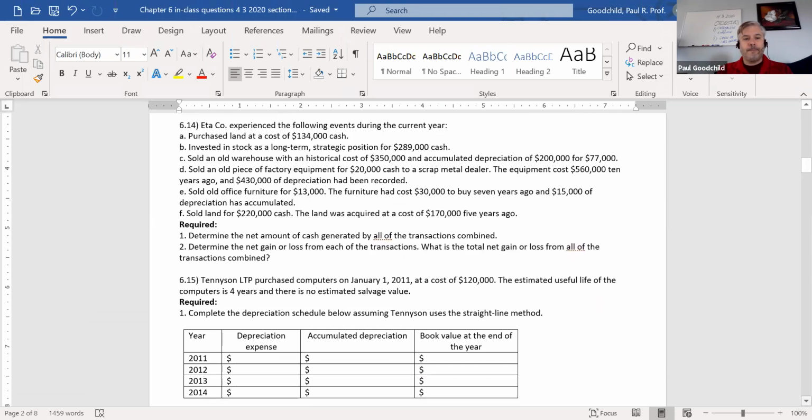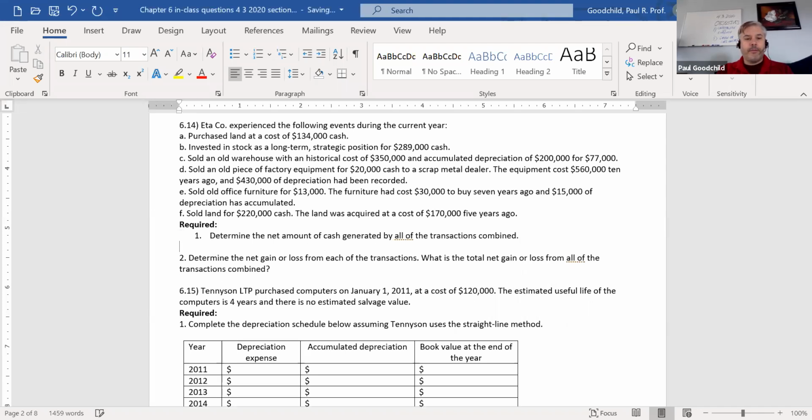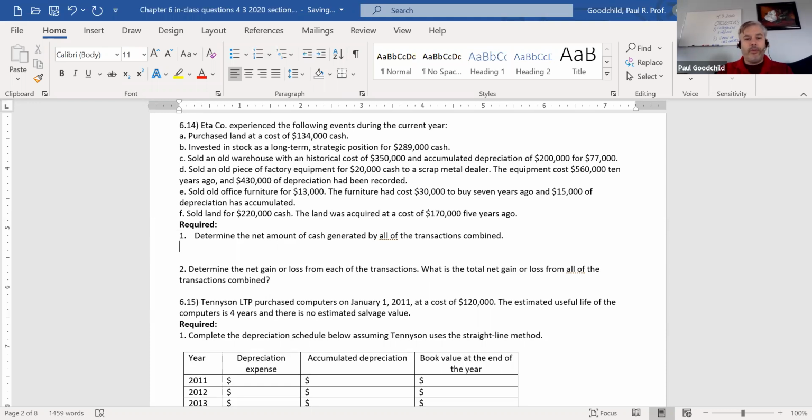Okay. So let's take a look at 14. This is hopefully one that you all can do. I'm going to change them to numbers.